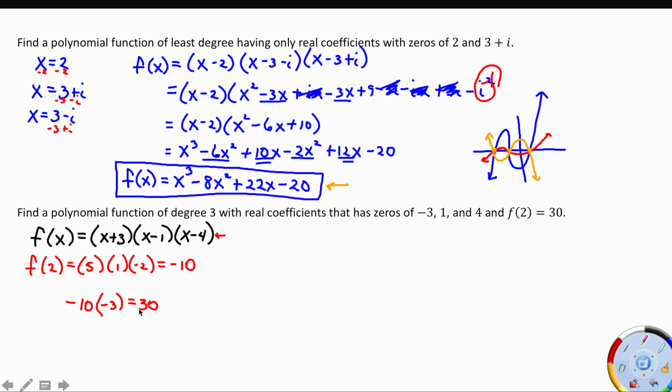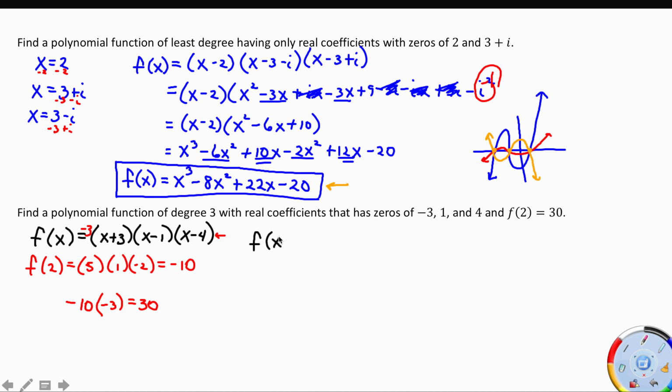Negative 10 times negative 3 is positive 30. So if I add a negative 3 to this function that I found with these zeros, it still has these zeros, but now I would have a negative 3 times 5 times 1 times negative 2 when I plug in an f of 2. So here's my function for this one.